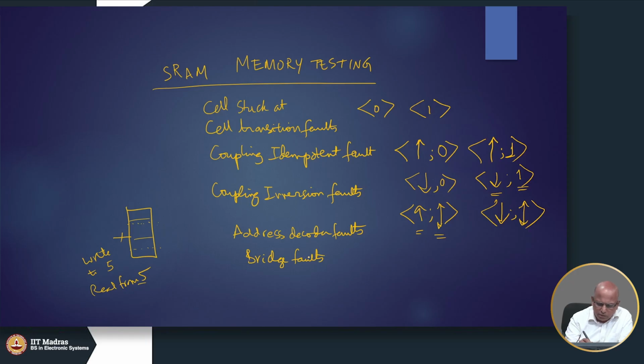So I was trying to write a 0 and a 1 in 2 different locations, right? There is an AND bridge between them, so as a result both of them get 0. Or there could be an OR bridge because of which both of them will get a 1. Now these are all what we call functional faults.